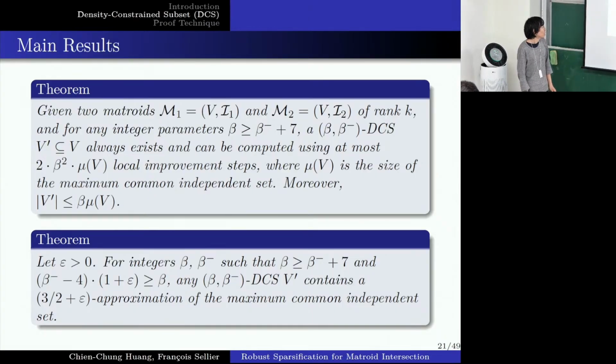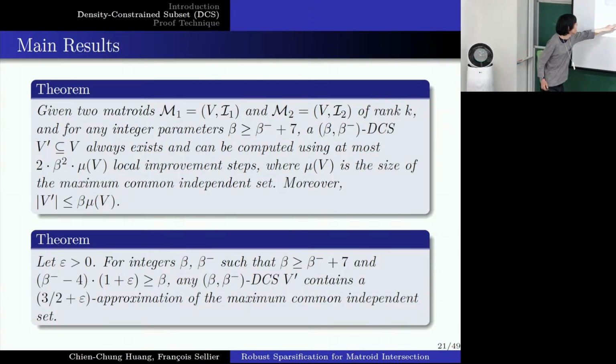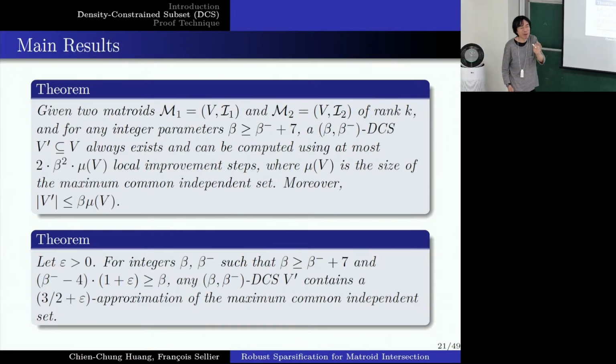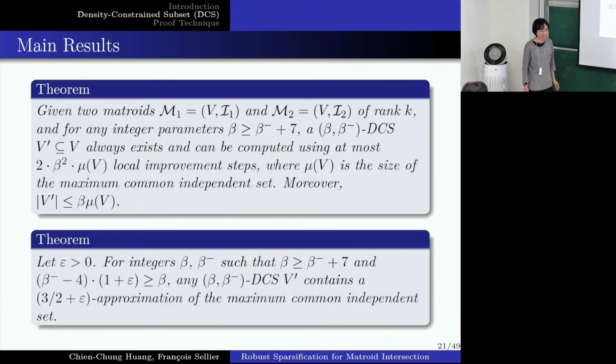And is that really surprising or? No, this should be big O of epsilon, so I'm hiding some constant.